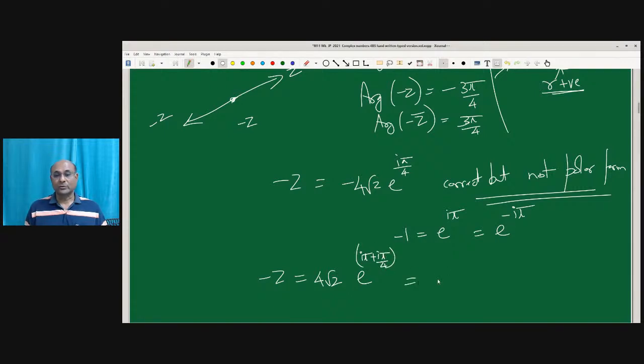You don't want that. So you can also write it like this. You can subtract 2 pi if you want, but I'll write it like this. E power minus I pi plus I pi by 4. And notice this is going to give me minus 3 pi by 4. So 4 root 2 e power minus I 3 pi by 4. So what is the angle? Minus 3 pi by 4. This is the correct polar form.